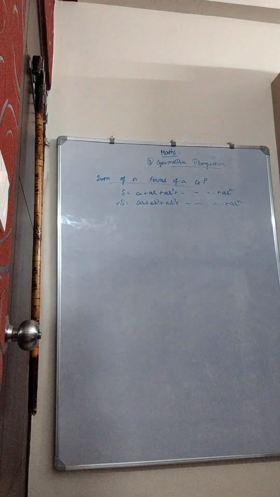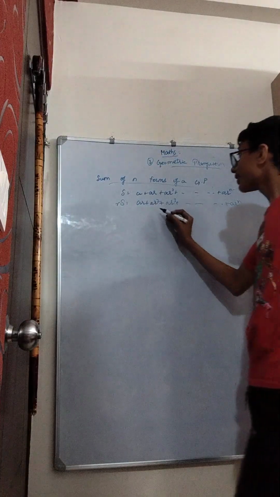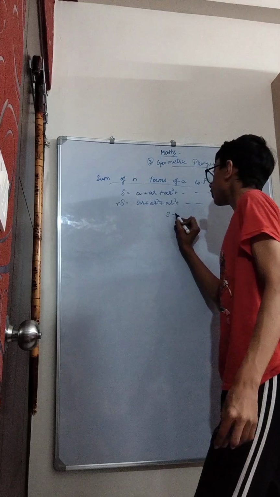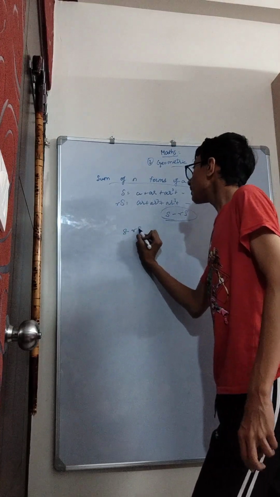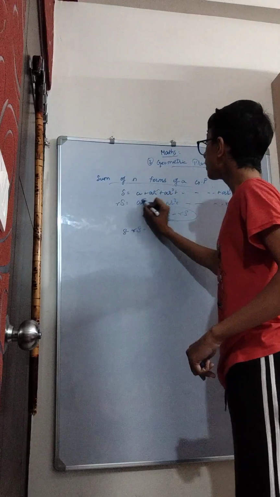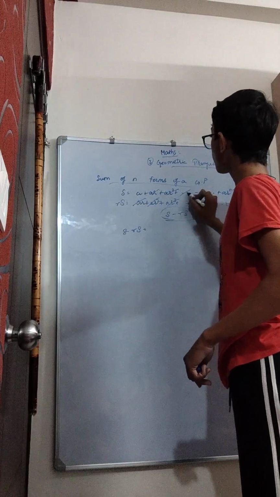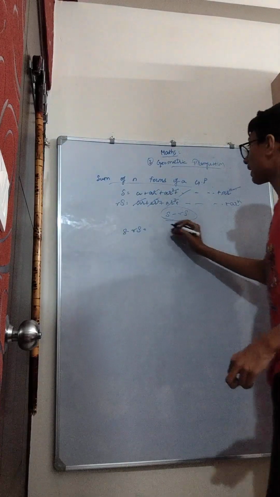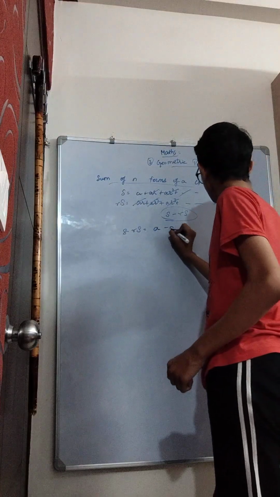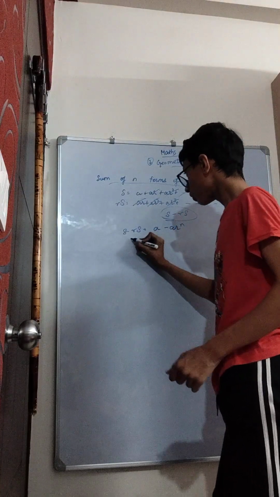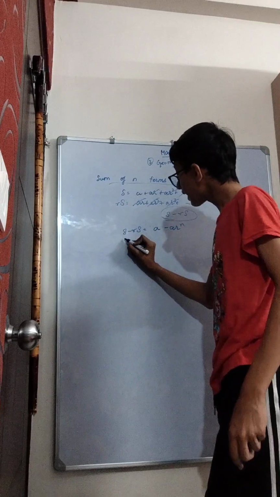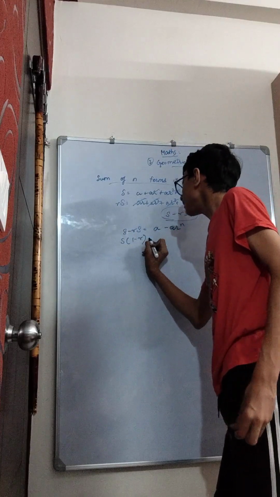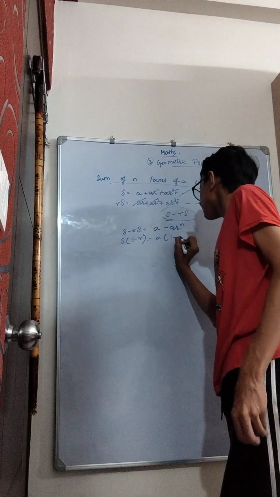Next, subtract RS from S. So S minus RS is equal to: these two will get cancelled, these two will get cancelled, and this one also, and this also. So A minus AR power n. Now take S common here, so 1 minus R, and take A common here, so 1 minus R power n.